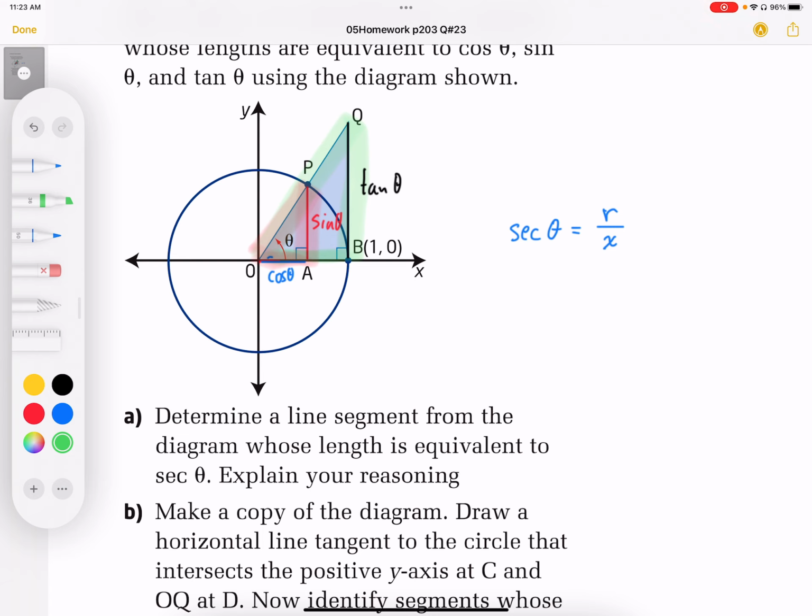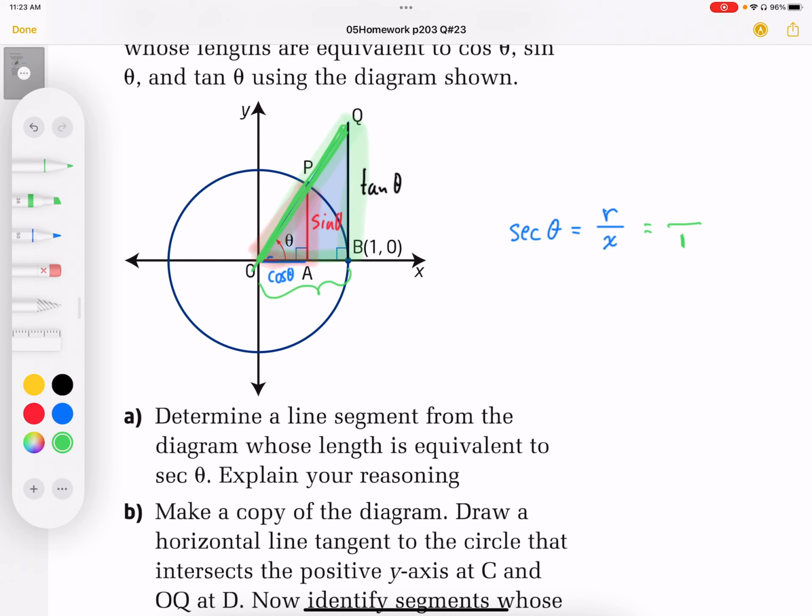And the reason why I'm doing this is because if I take a look at that big green triangle, the x in that big green triangle, this length here, is equal to 1. So if I can use that 1 value in the denominator, then the secant value becomes the actual length. So remember that it was the radius over the adjacent. Well, the radius in this case is going to be equivalent to that line there. So that line there then becomes the same as the radius in that ratio.